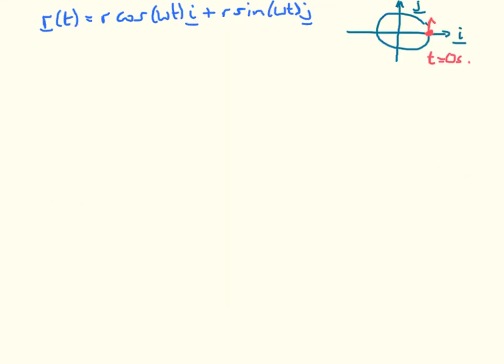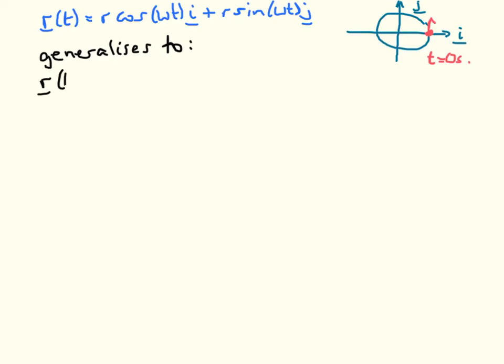So as we've seen, this description corresponds to a particle starting here on the x-axis at t is 0 seconds, and it is moving in an anti-clockwise direction. And if we would like to start at a different position, so let's say that we want to start here or here or here, what we will do is we will generalize this, and we generalize it by adding an angle to the argument of the trigonometric function.